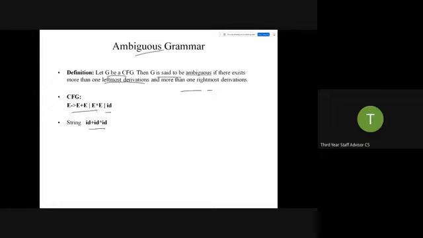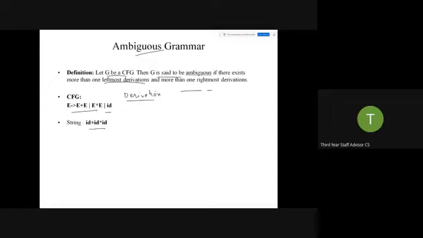If we are considering the derivations, how can we write the leftmost derivation to get this string ID plus ID into ID? First of all, what we have to do?